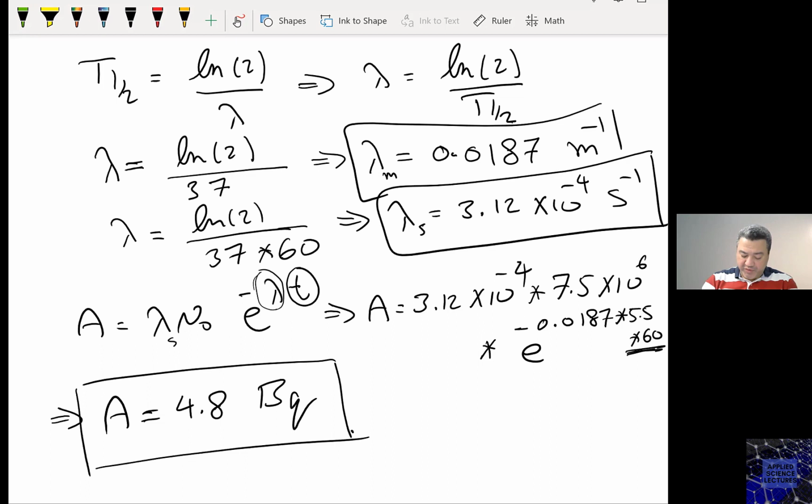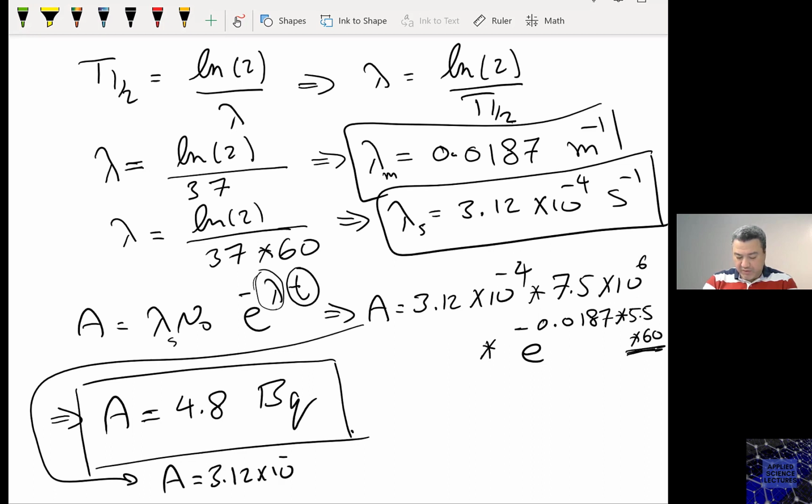Now, if I am to rewrite this, I have A equals 3.12 times 10 to the power minus 4 times 7.5 times 10 to the power 6 times e to the power minus 0.0187 times 5.5.